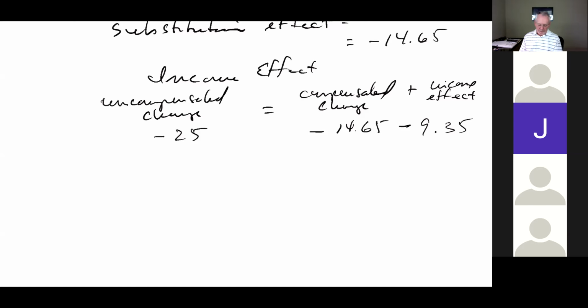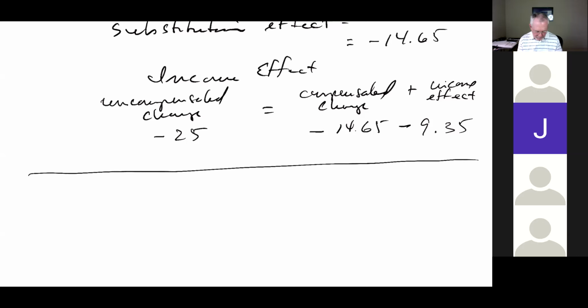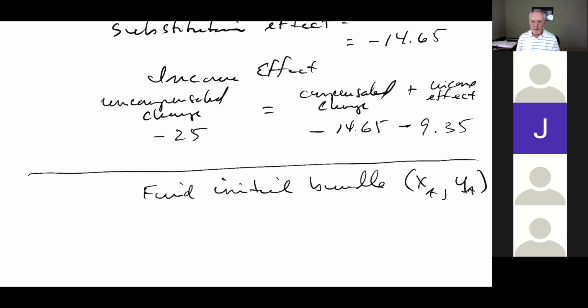That's always how I'm going to do it. It's easiest that way. So I'm always going to find the initial bundle, which I just call XA, YA to associate with my point A in the drawing.